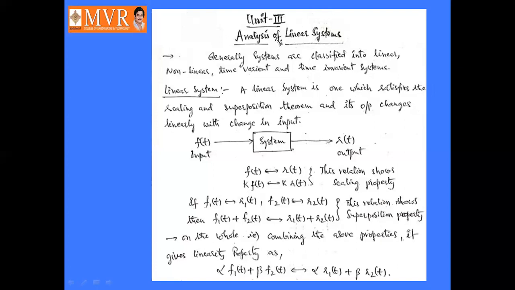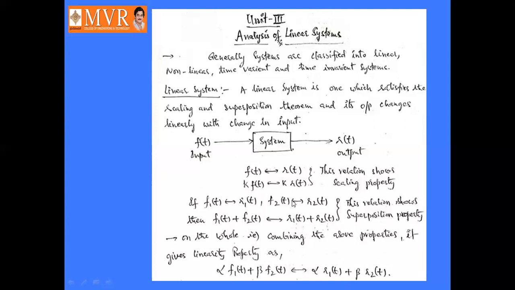Here we remember that in linear systems the output varies linearly according to the input. On the whole, the linearity property is defined as: alpha times f1 of t plus beta times f2 of t is related to alpha times r1 of t plus beta times r2 of t.